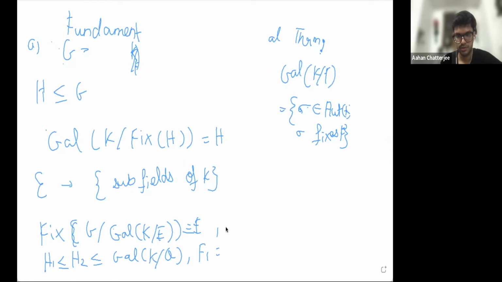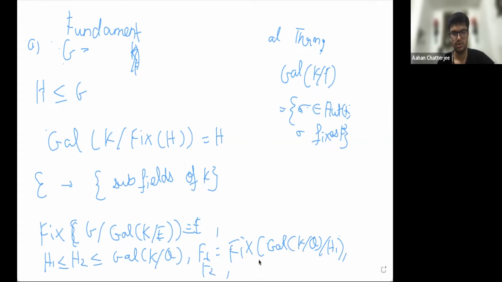So f1 is the fixed field of Gal(K/Q) upon H1, and similarly define f2.